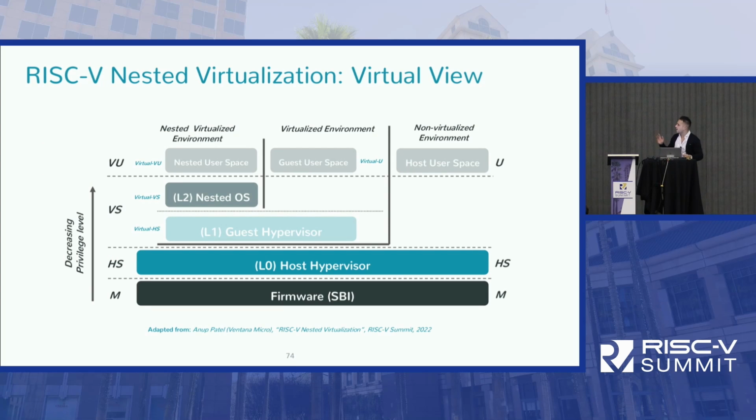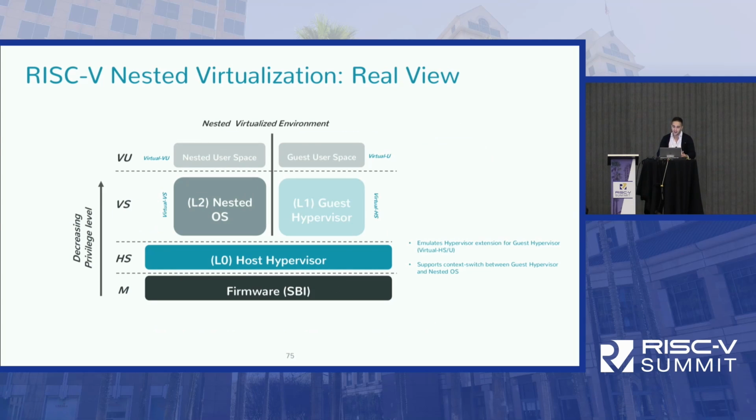And this is more or less what we have in terms of architecture. We create virtual modes in VS mode so that you can create this notion of nesting, but this is just the virtual view, because in fact what we are doing is multiplexing this VS mode and context switching manually the different components and settings.